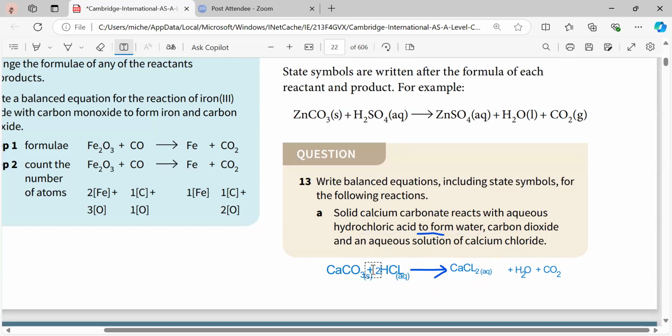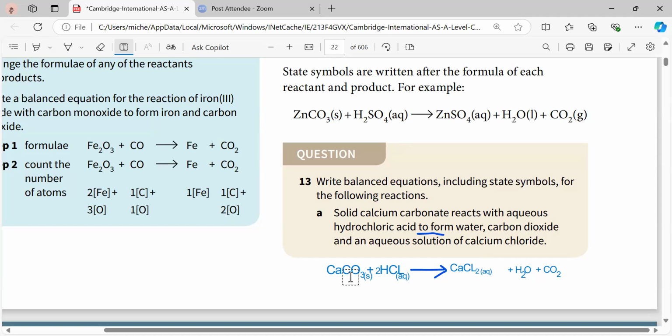Since the 2 in the front usually means that all of the elements in the compound become 2 of each, we have 2 hydrogens and 2 chlorines. Since we have 2 chlorines, we are going to check if the right side also has 2 chlorines. And turns out, yes, we have 2. So this equation is balanced.